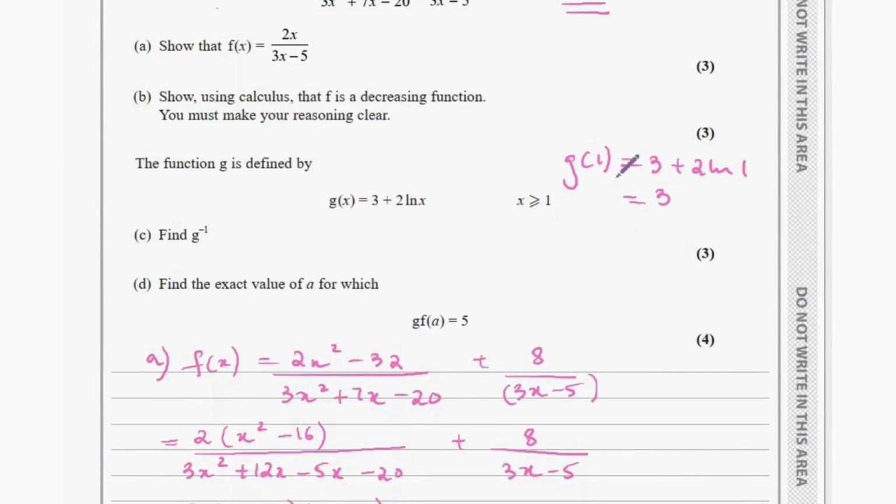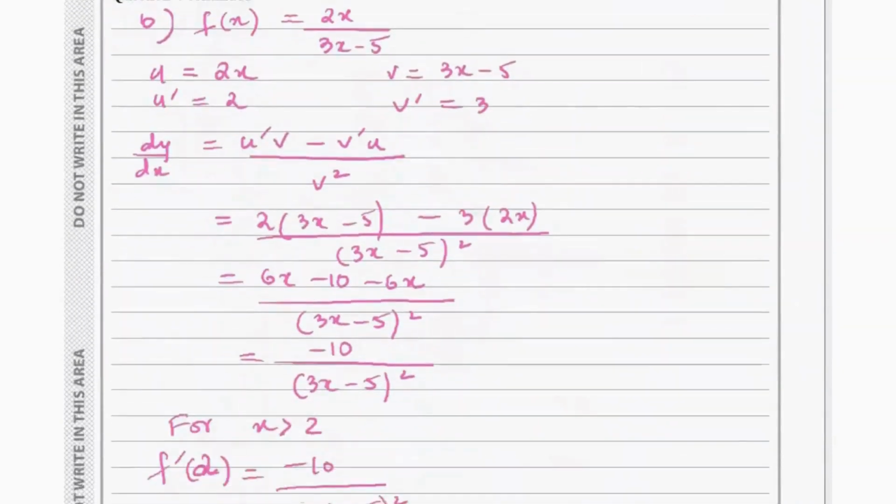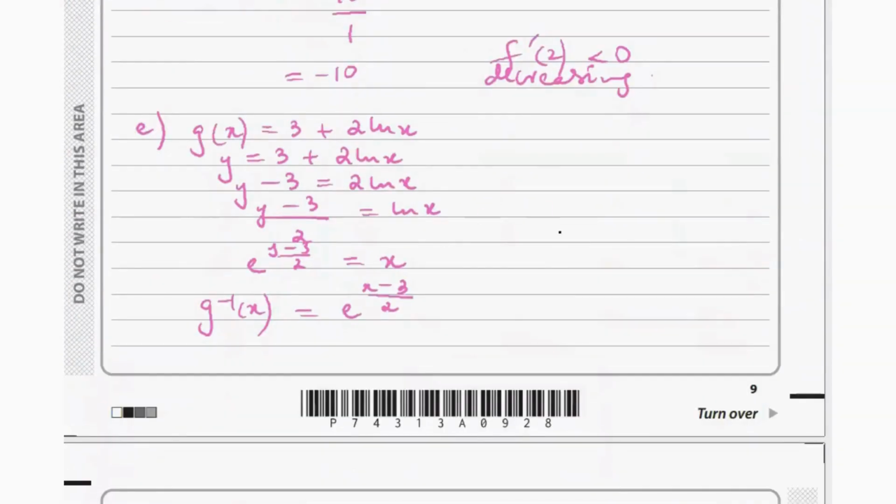As you remember from your IGCSE, the domain and range of the original function will be the opposite for the inverse. So whatever is the domain of g, that's going to be the range of the inverse of g, and whatever is the range of g is going to be the domain for the inverse of g. Hence, in this case, your x value is going to be greater than or equal to 3. That is the domain of the inverse.